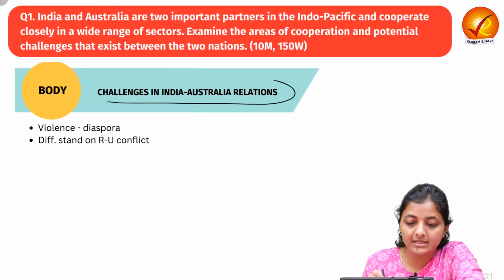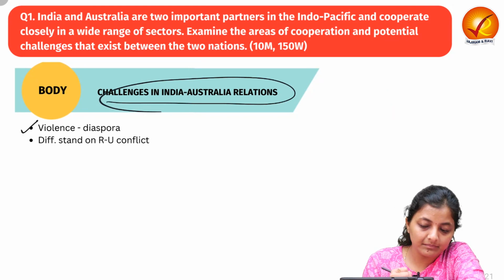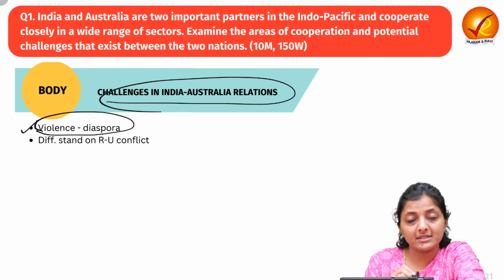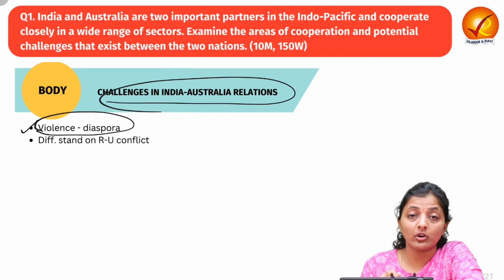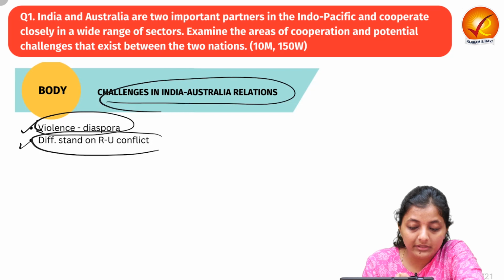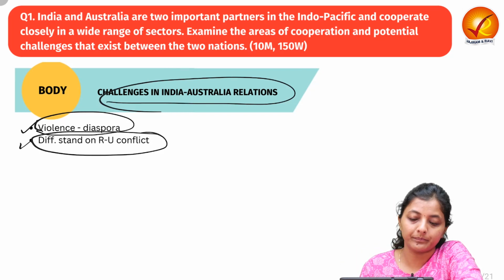Next comes the challenges in the Indo-Australia relations. First is, we have come across some instances where there is violence on the Indian diaspora or attacks on the Hindu temples by some Khalistan supporters. Next is the differentiated stand on the Russian invasion of Ukraine.